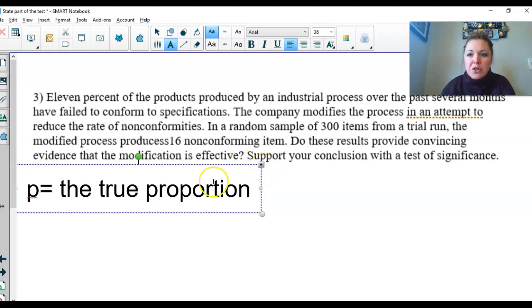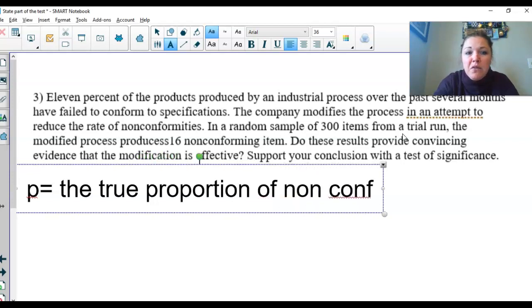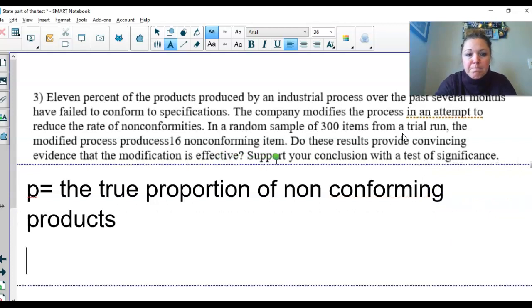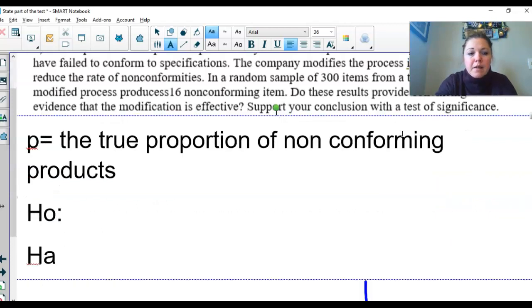The true proportion of nonconformities, okay? So the true proportion of non-conforming products. You have a null, you have an alternative. It's always P equals, and then it's a P and you have to decide, okay?